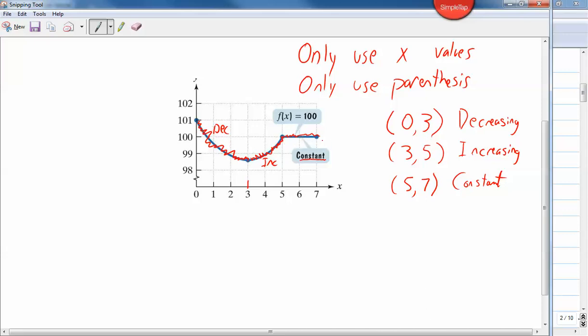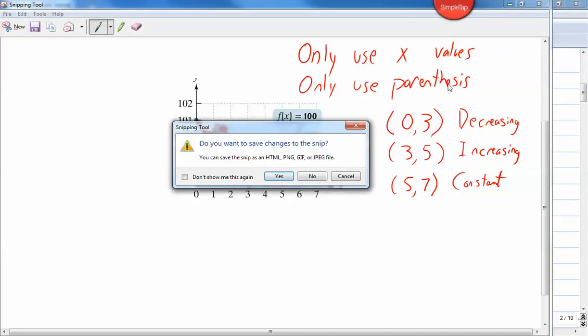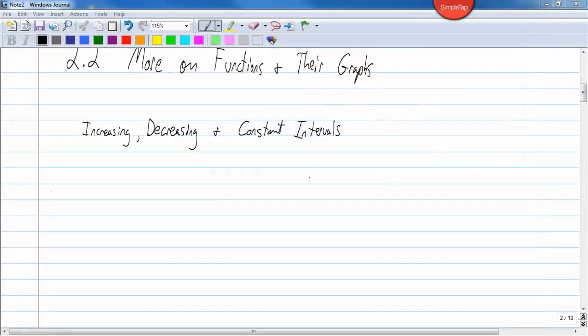A graph could just be increasing, a graph could just be decreasing, or a graph could just be constant. So it really depends on the graph as to which it's doing. So remember, we only use x values when we describe these intervals, and we only use parentheses when we describe these intervals.